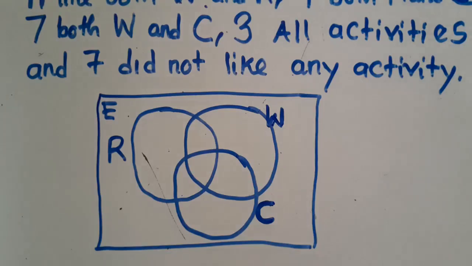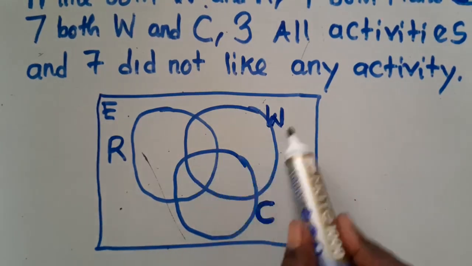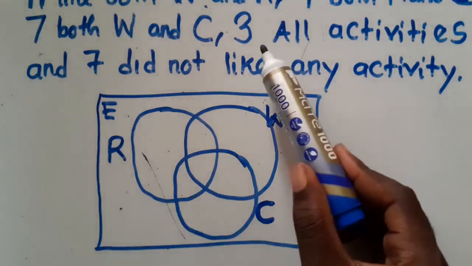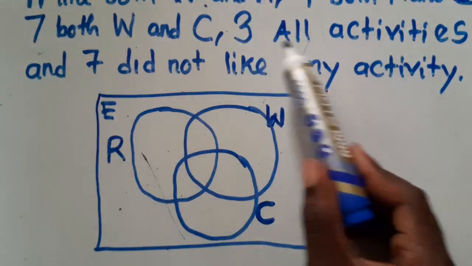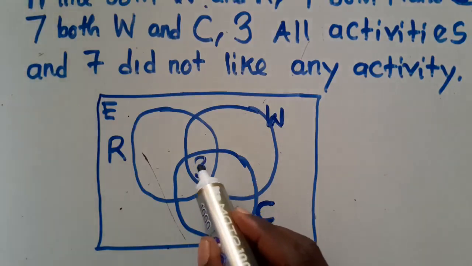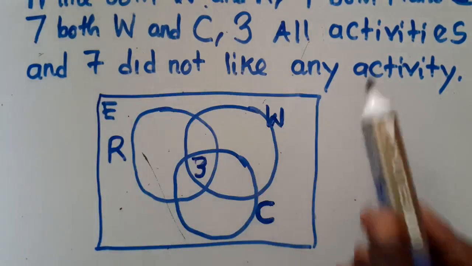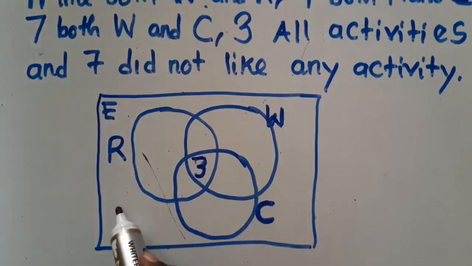So what you are supposed to do here now, the first thing is to find those people that liked all the 3 activities. How many are they? It is here. 3 liked all activities. So the 3, you put them there. 7 did not like any activity. You put them outside.